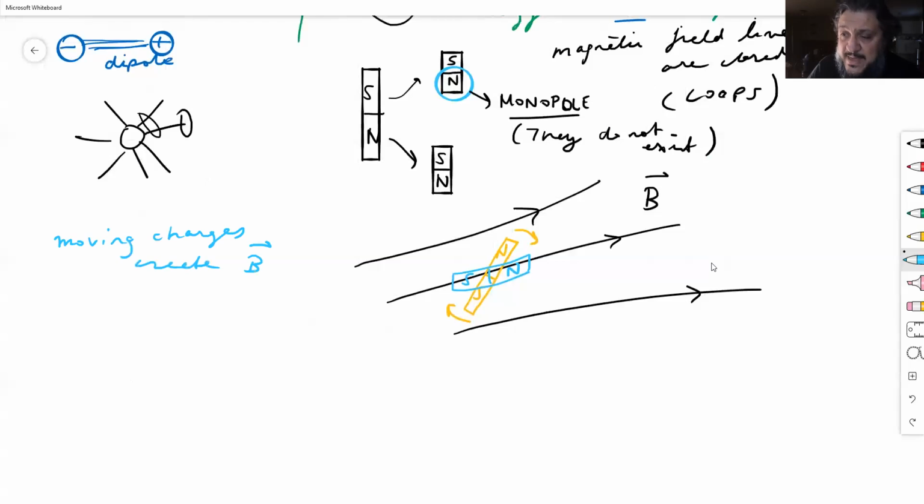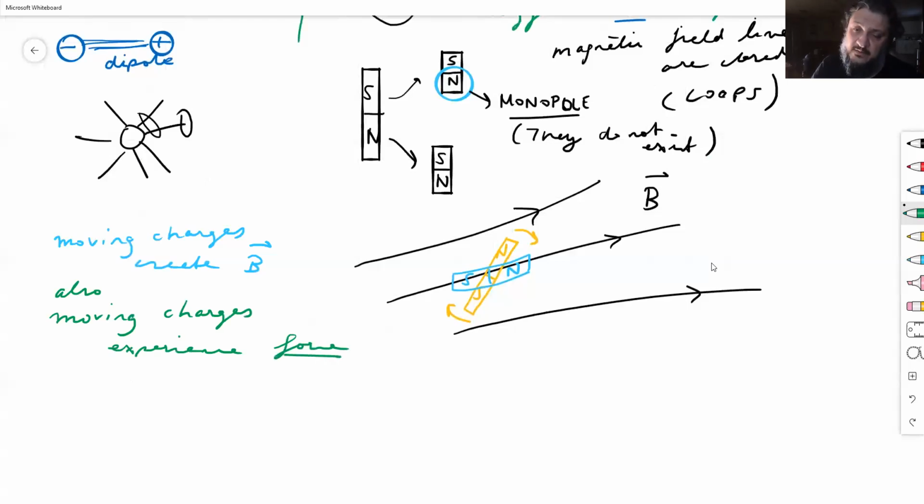And it's not only the magnets which are affected by magnetic fields, charges are also affected by magnetic fields. The rule is, though, they have to move. Also, moving charges experience force in magnetic fields.